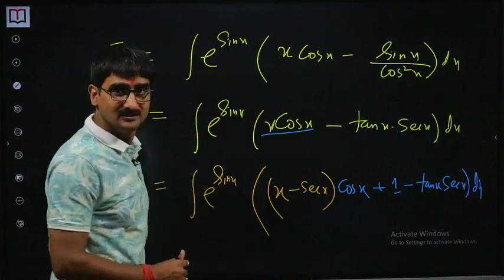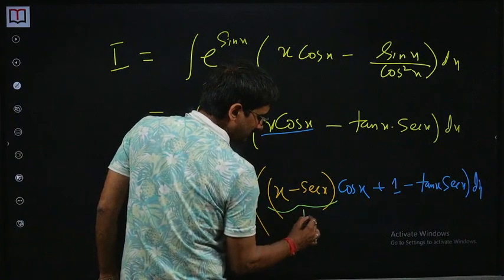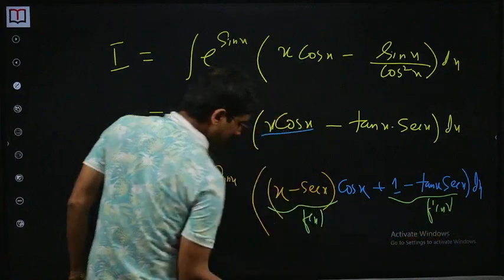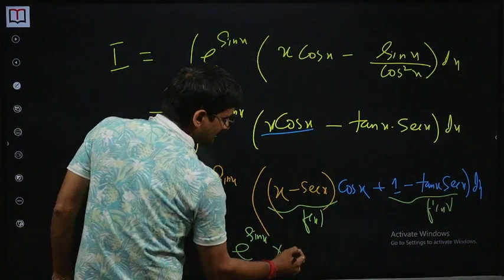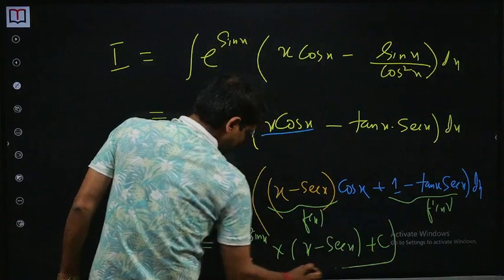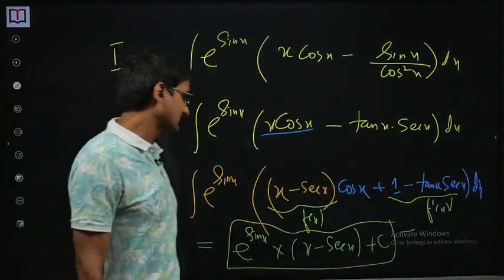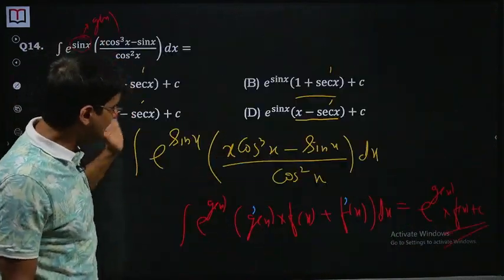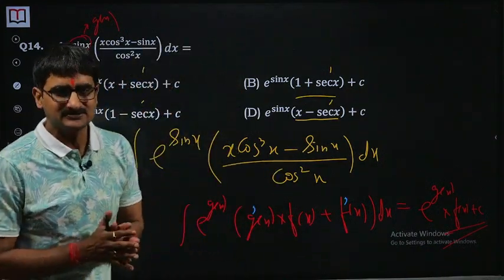Isn't that so? We have it because now, of course, this is our f(x), and that's its derivative. Okay, so the answer is e raised to the power, whatever it is, g(x) into f(x), x minus sec x. So again, you may say that after looking at the option, you got it, of course, because as I said, I was pretty much sure we would get it in this form, but somehow it didn't strike me.